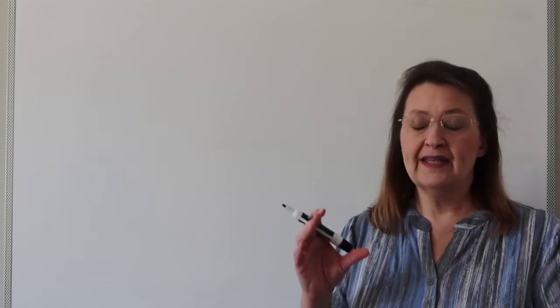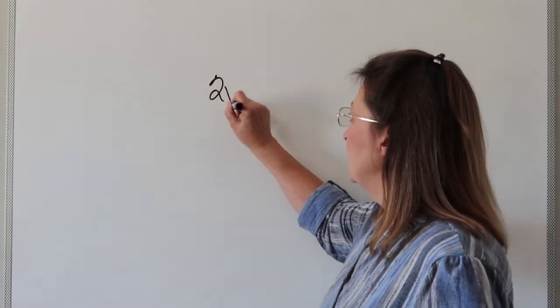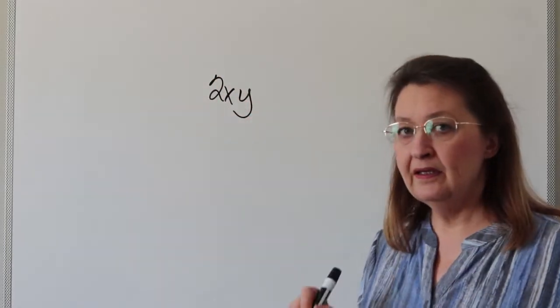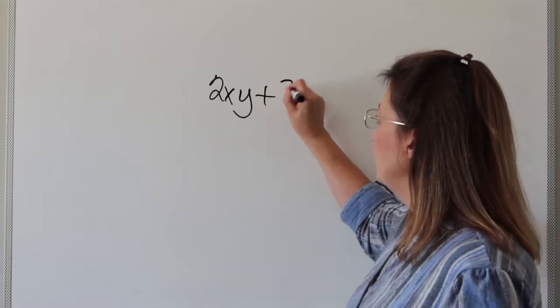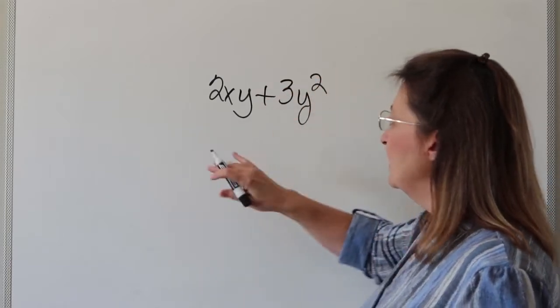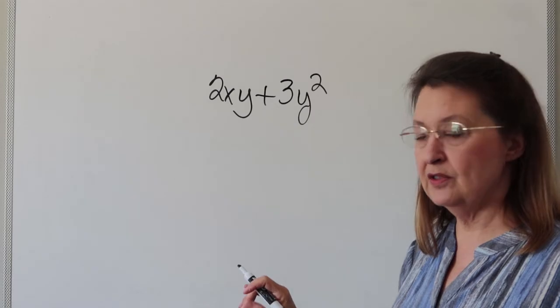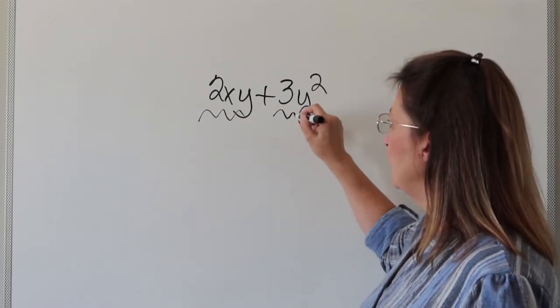So for just a second, let's talk about what a term is. A term is a constant by itself, or a variable by itself, or a combination of those multiplied together. Now, for example, 2xy is a term. Okay, it's all by itself. If I do this, now I have 2 terms, okay, here and here.